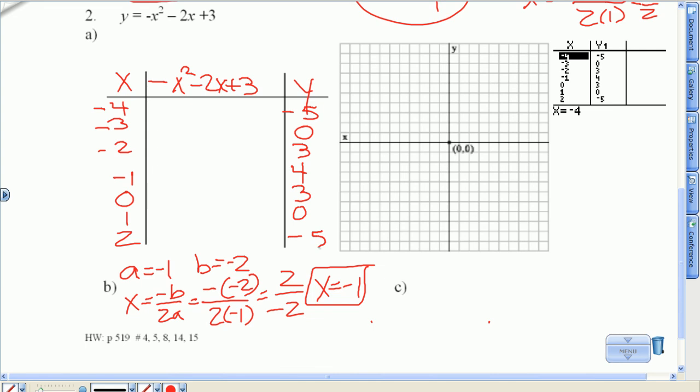negative 5. So we plot these values, negative 4, negative 5. So 1, 2, 3, 4, 5 puts us right here. Negative 3, 0, negative 2, 3, negative 1, 4, 0, 3, 1, 0, and 2, negative 5. Right there.